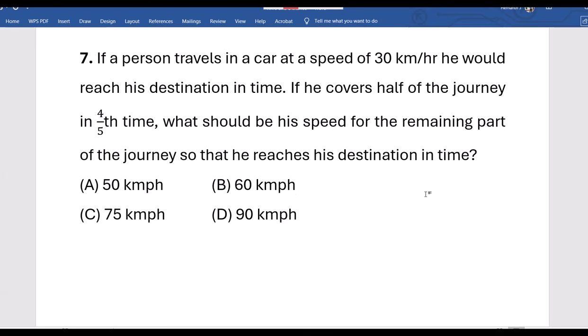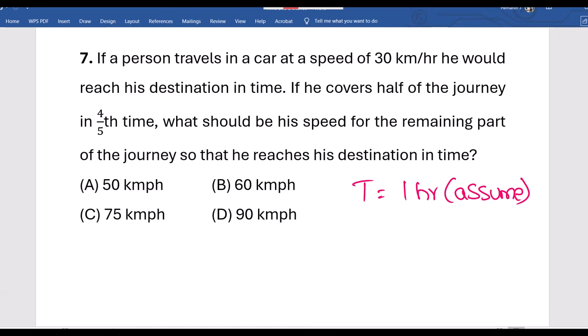Here, timing is not given in the question. You assume the time taken to travel is 1 hour, 2 hours, something. It's your wish. You will get the same answer. My dear friend, listen. I am assuming the travel time is 1 hour.